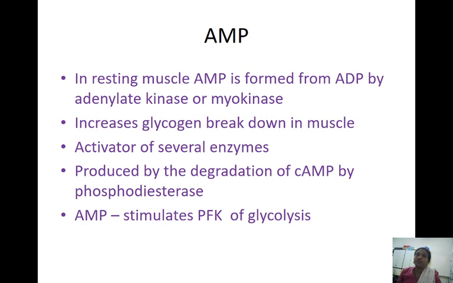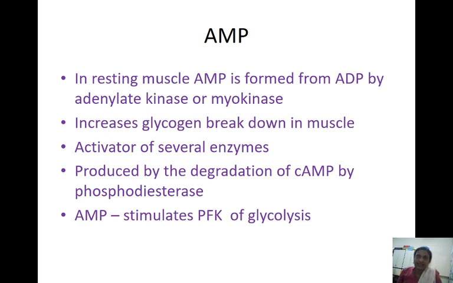There, two molecules of ADP form one molecule of ATP plus one molecule of AMP. The AMP released in the muscle stimulates the enzyme glycogen phosphorylase B, which stimulates glycogenolysis.